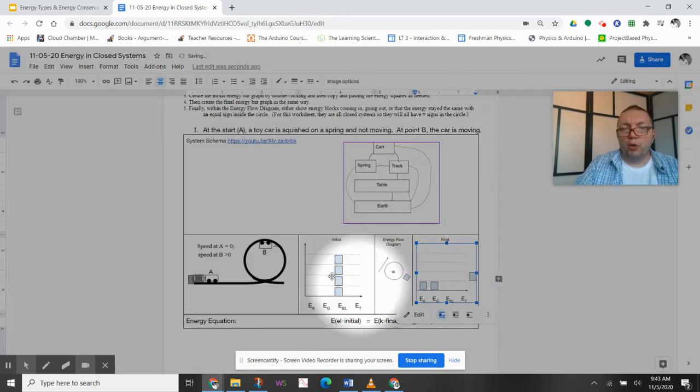Taking a quick look, we said there were 4 bars of elastic energy in the beginning. We said our system is closed and isolated, so the total energy initial must equal the total energy final. So now if we have 4 here, this total must also be 4.